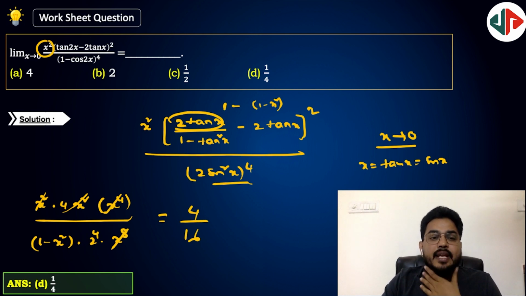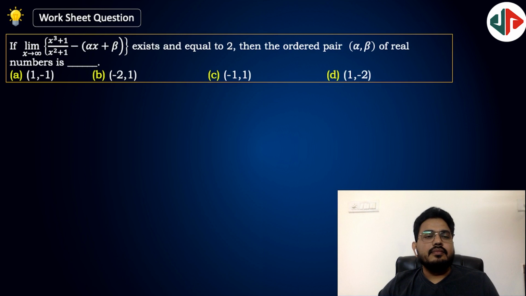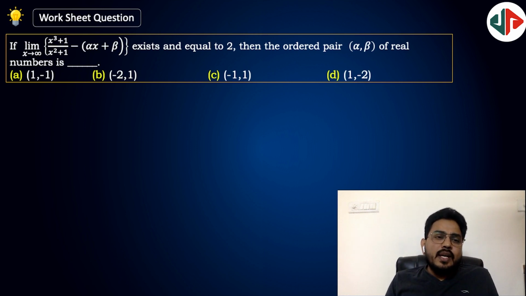So here simply you need to write tan 2x as 2 tan x by 1 minus tan square x. Next, limit x tending to infinity, this value you look at. If you take this one, it is infinity minus infinity.